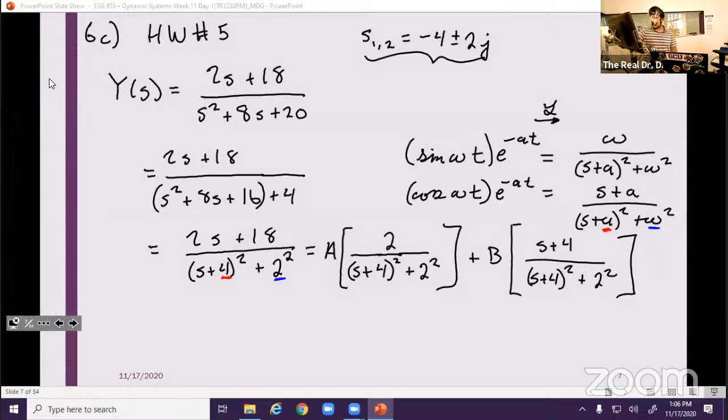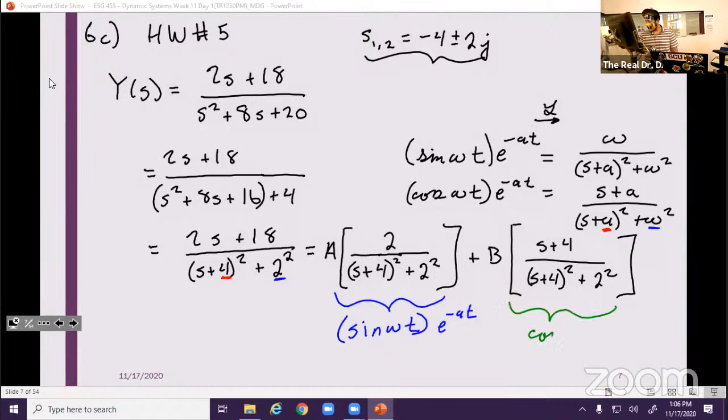Where we understand that this portion here is my damped sine wave, and this portion over here comes from my damped cosine. The question came up before, like, why is it a sine wave and a cosine? How do we know that it's both together?